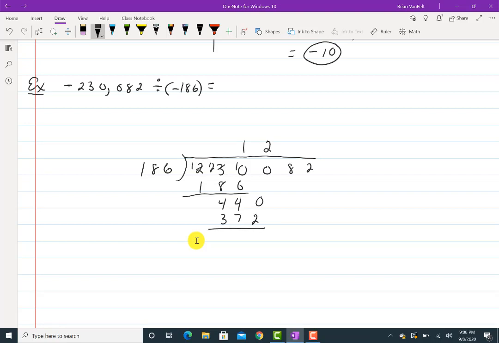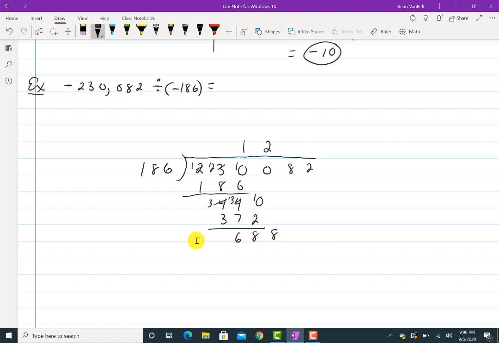And then I subtract again. I have to borrow again. 10 minus 2 is an 8. 3 minus 7 I can't do, so I borrow again. 13 minus 7 is 6. I can bring an 8 down.